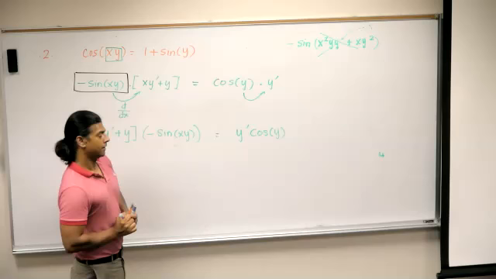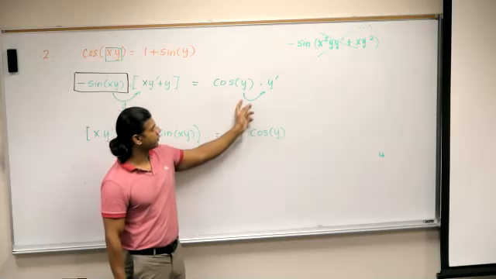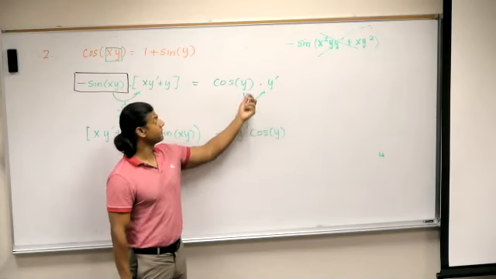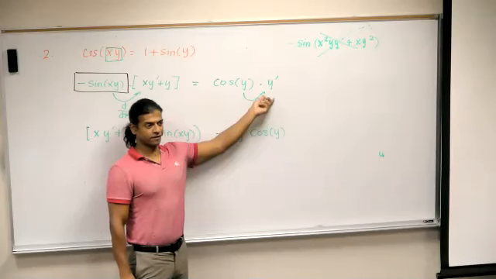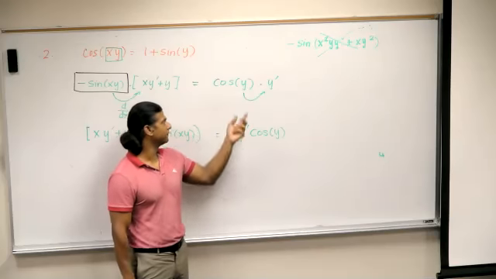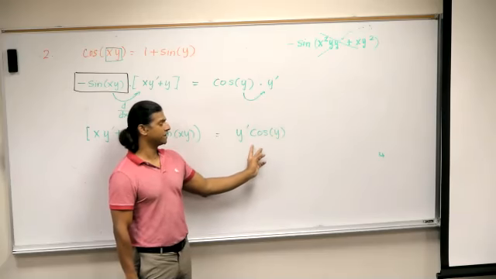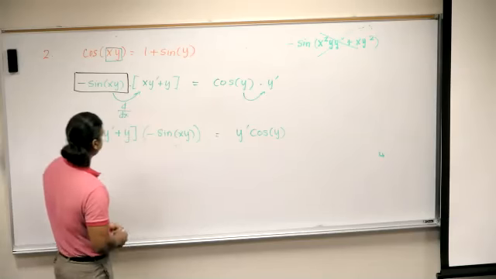A trick to not make mistakes is to always write whatever term you have after a trigonometric function in front of the trigonometric function when you multiply. So instead of having y prime over there, I just switched the order, wrote it that way.